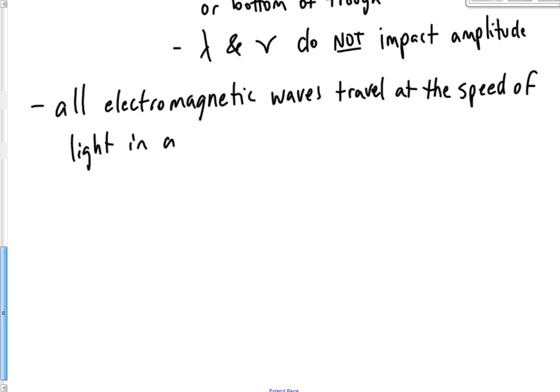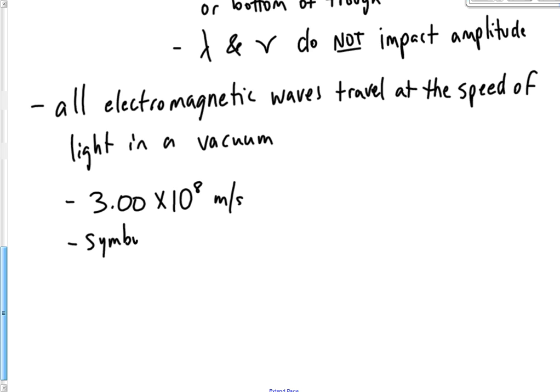And that number is 3.00 times 10 to the 8th meters per second. The symbol for the speed of light is just a c.